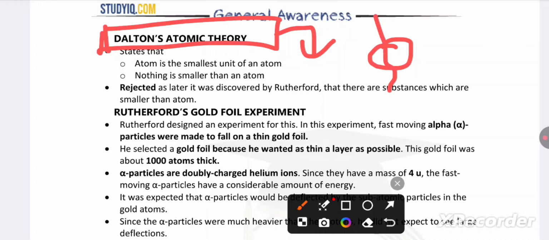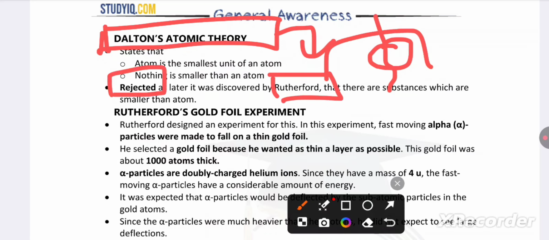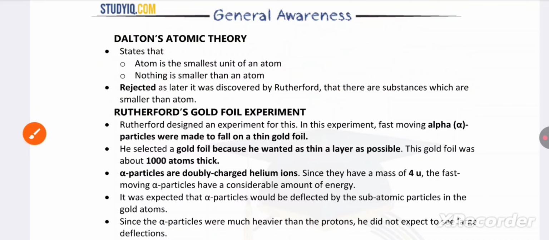But it was rejected by Rutherford. Rutherford stated that we can further break the atom, and particles smaller than the atom exist. That is the theory of Rutherford.